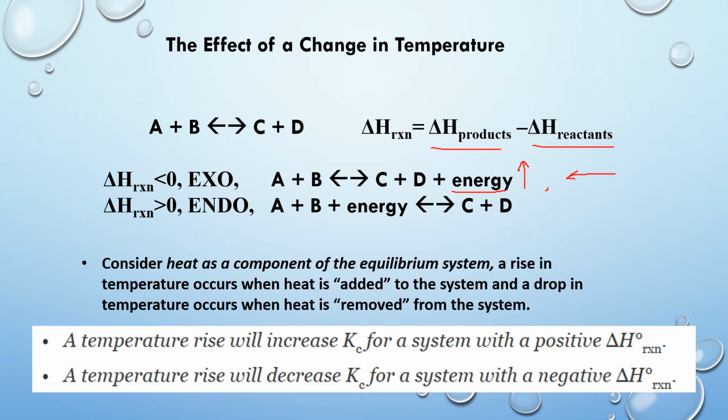If you increase the temperature, you increase its amount, so you increase the concentration of this energy product. That will shift the chemical reaction to the left. So we can say an increase in temperature will decrease the equilibrium constant for a system with a negative delta H. A negative delta H means it is an exothermic reaction.